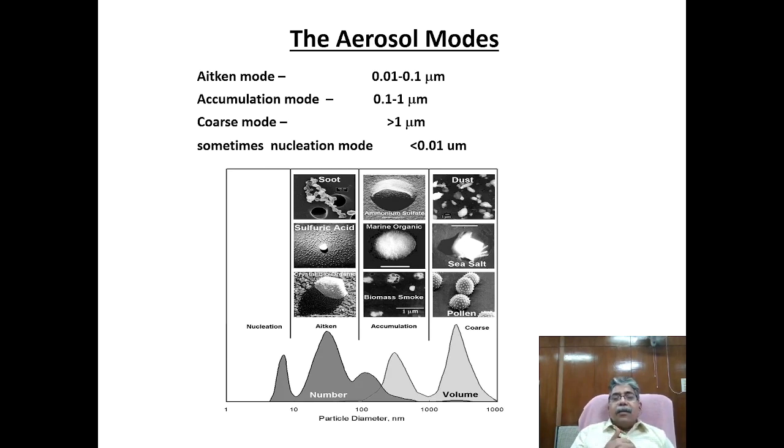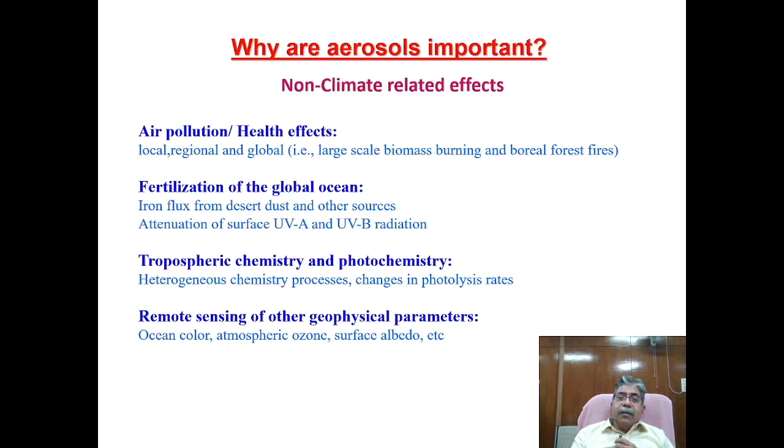And then there is the nucleation mode, which is again a very small size of particles existing in the atmosphere. Now, they can have different distributions depending upon their sizes.